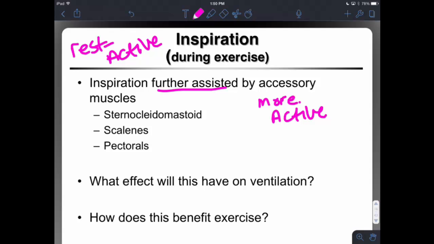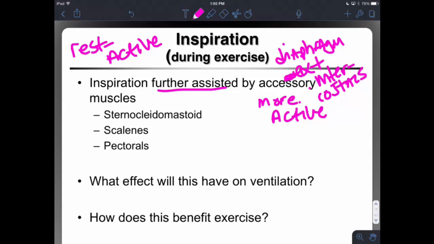So at rest, we have the diaphragm and the external intercostals that contract. When you exercise, the sternocleidomastoid, the scalenes, and the pectorals also contract during inspiration.